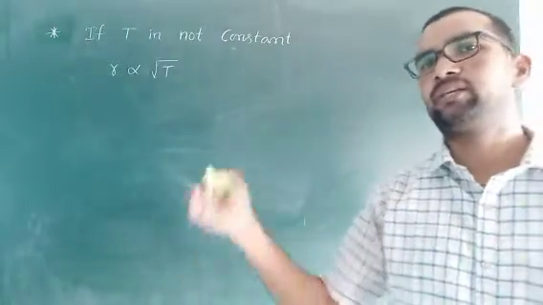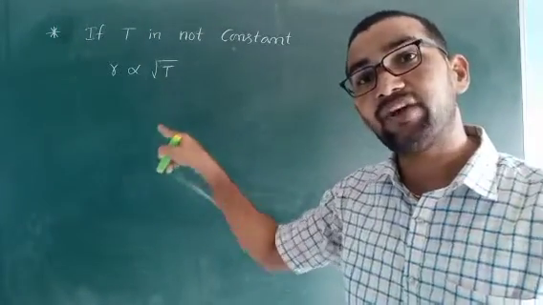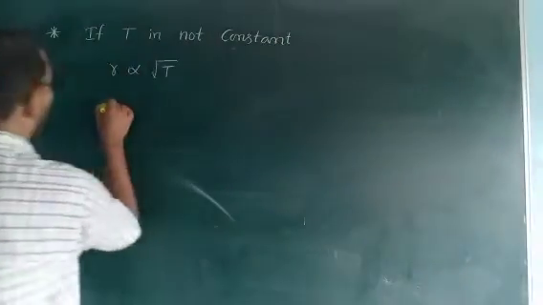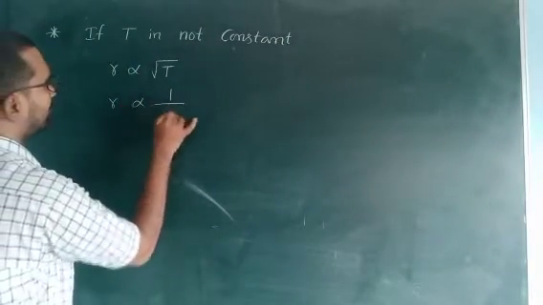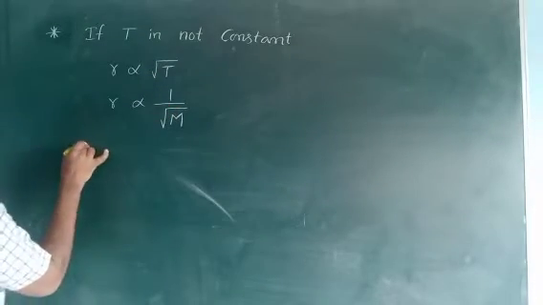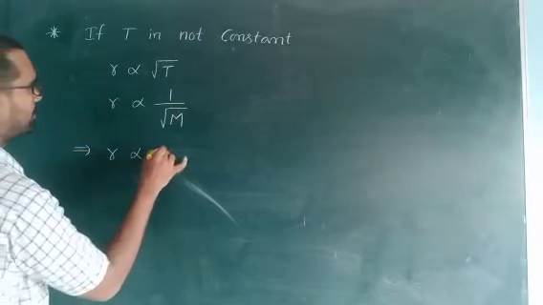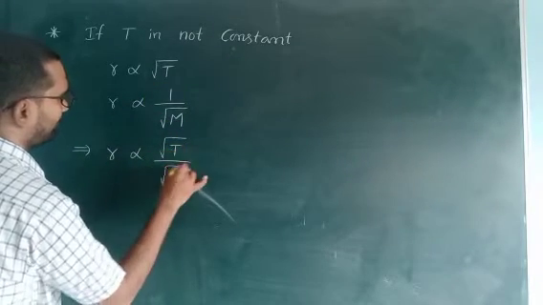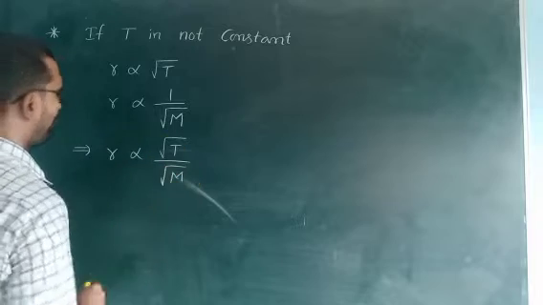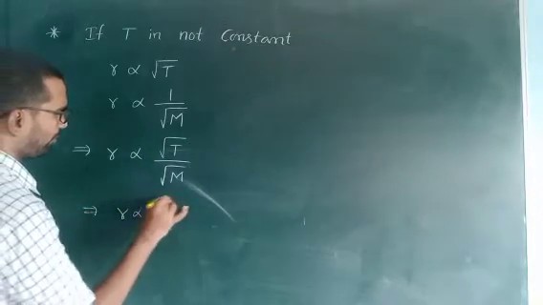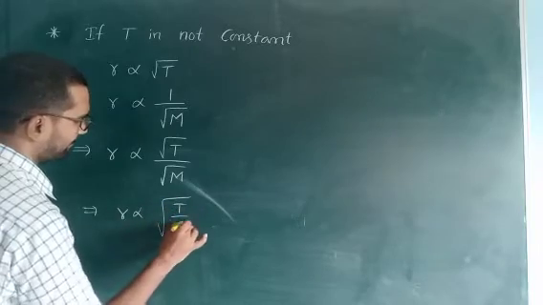Pressure is directly proportional, here square root of temperature. And we know that R is 1 by root M. Now combining these two, we get R is proportional to root T by root M. So you can simply write R is proportional to root over T by M.